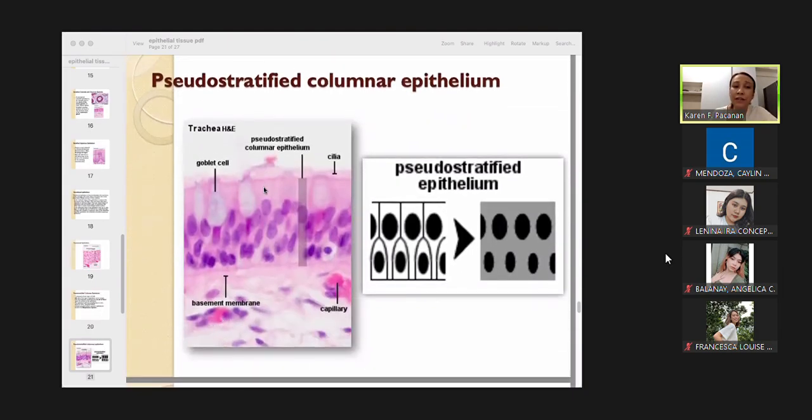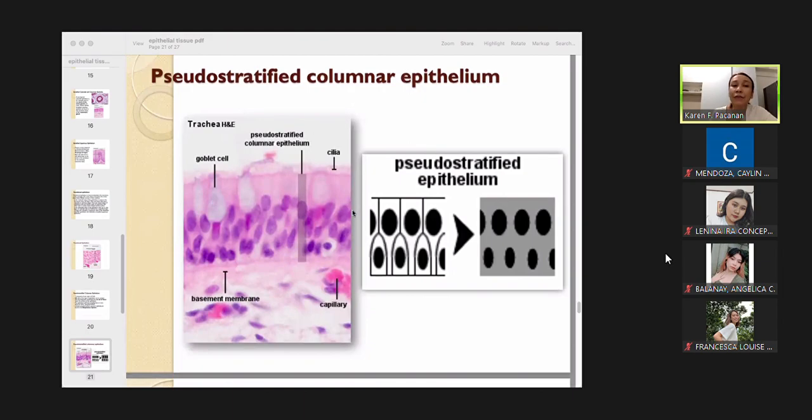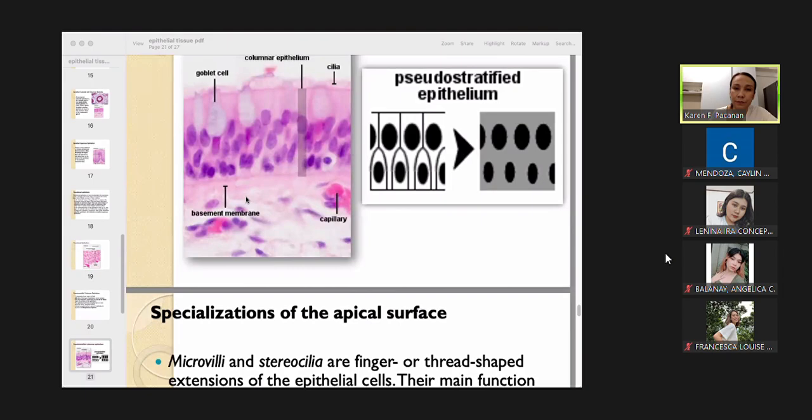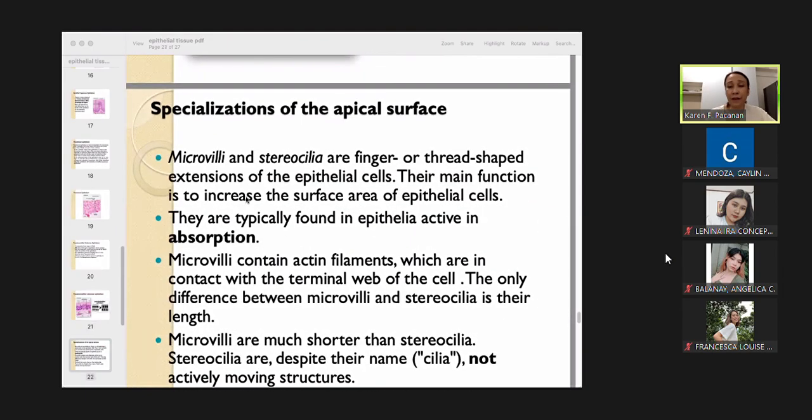Here is now the picture of the trachea lined with pseudostratified columnar epithelium. These are the nuclei, which are scattered, and these are the goblet cells also seen in this type of epithelium. Okay, so those are the different types of epithelial tissue.